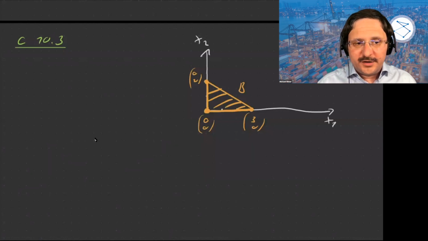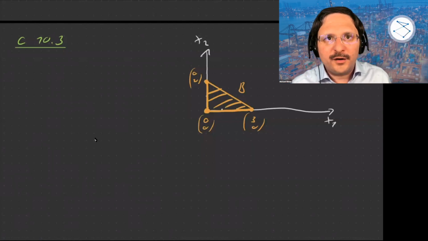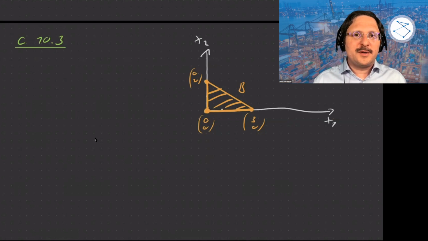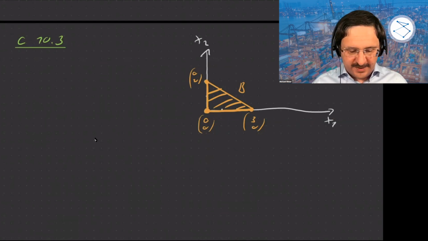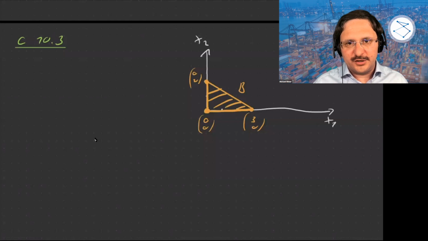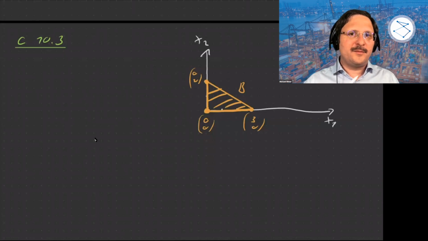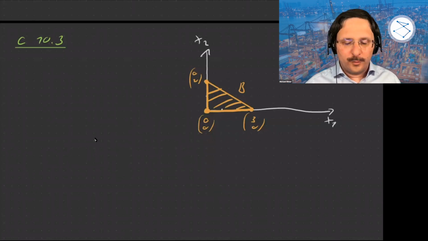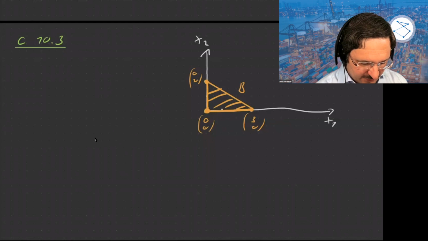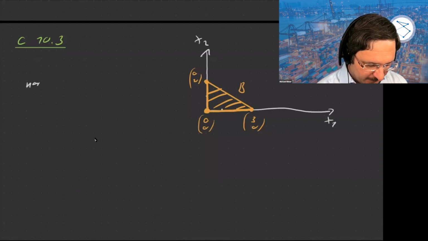And now if you want to integrate over such a non-box domain, we have to come up with a description of that domain first that helps us doing the integration. And what often helps is trying to describe that domain as a normal domain. That's what we're going to do here.